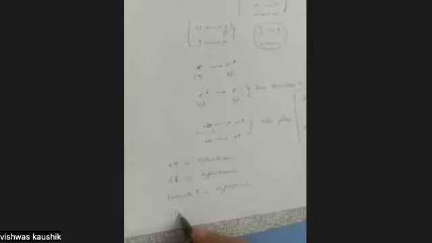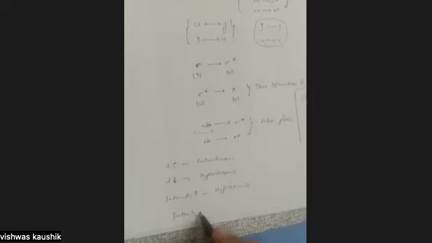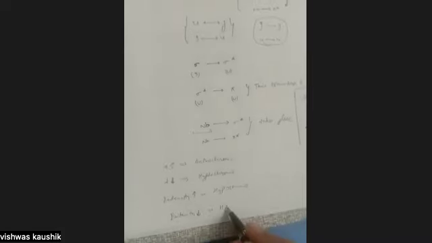If the intensity increases, then it is hyperchromic shift. And if the intensity decreases, it is hypochromic shift.